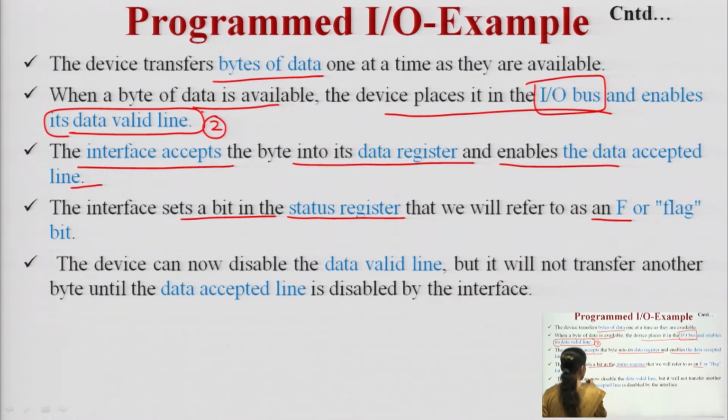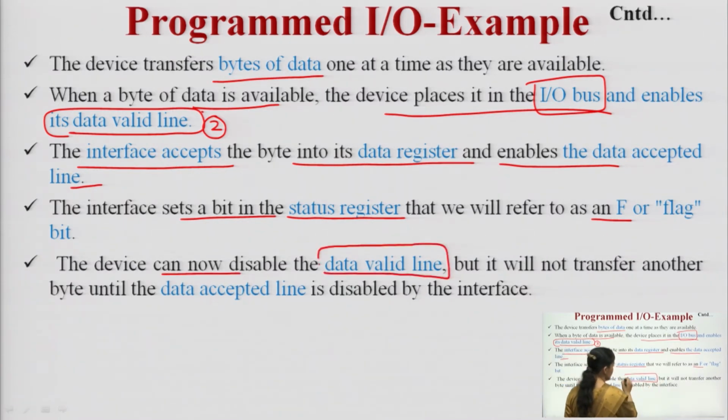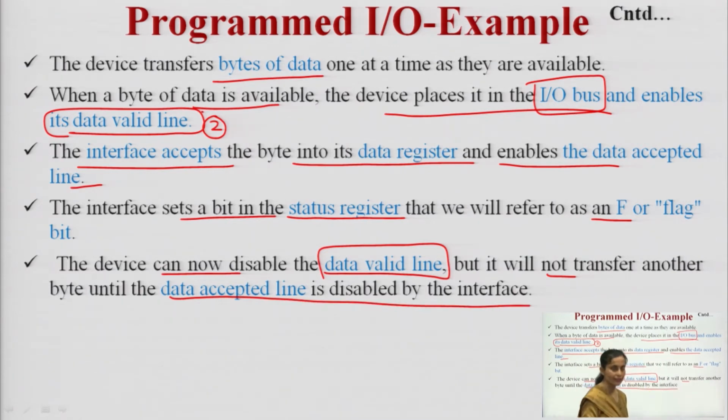Then the device can now disable its data valid line, so that the next data shouldn't come from the device to the interface, because now from the interface to the CPU the data will be sent, but it will not transfer another byte until the data accepted line is disabled by the interface.